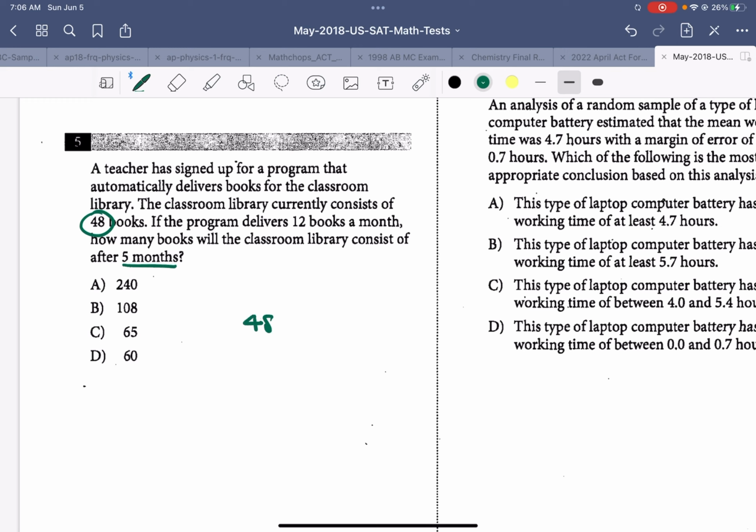So 48, that's the number of books it currently has, plus each month 12 books, so 5 times 12. This is the calculator section, so you are allowed to use it. 48 plus 5 times 12 is 108. So that's the same as B.